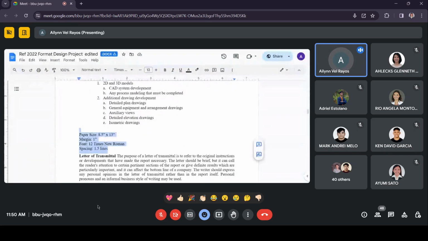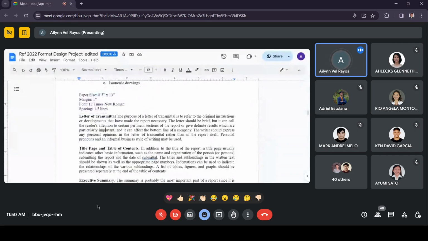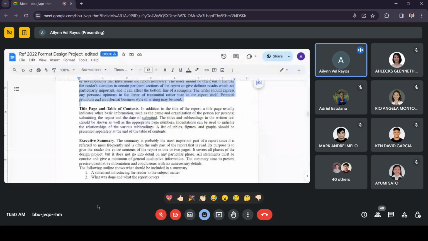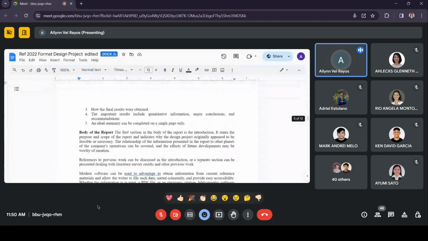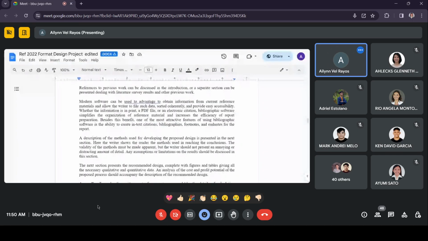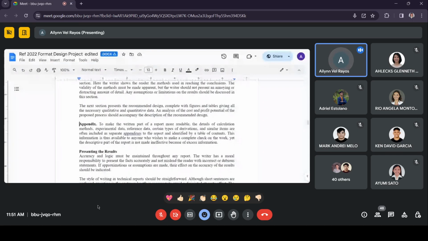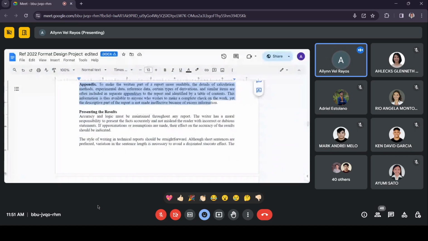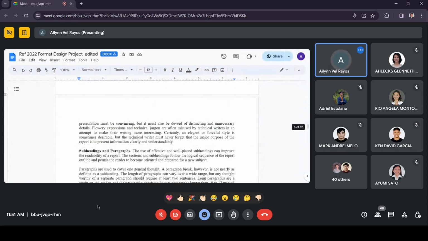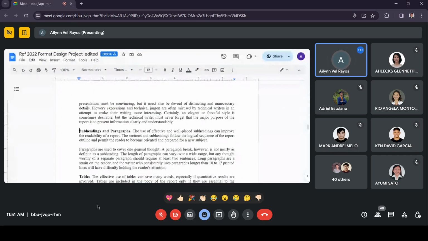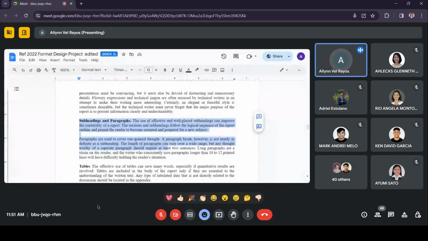So may format tayo: paper size, margin, font, and spacing. For the letter of transmittal, nakalagay naman dyan kung ano yung mga purpose niya at kung ano yung mga dapat content. Then title page and table of contents, executive summary. We have the body of the report, and the format for the appendices. Yung presenting the results, presentation guide. Ito yung mga format for subheadings and paragraphs.